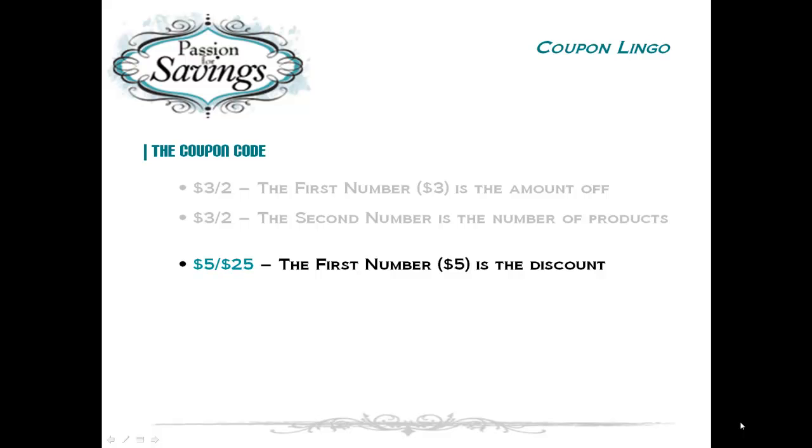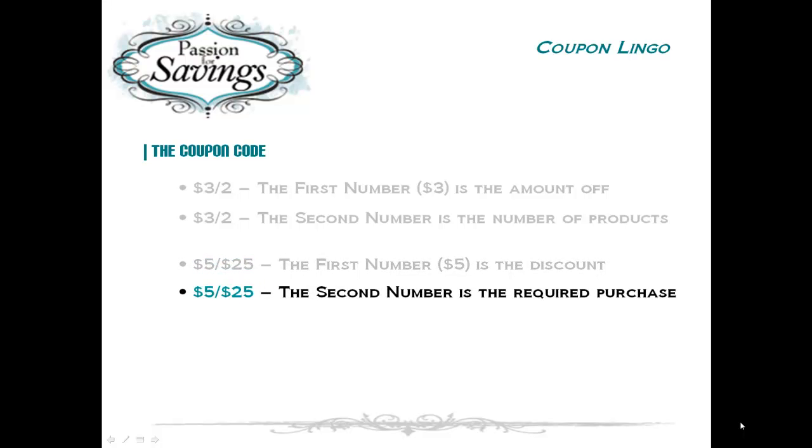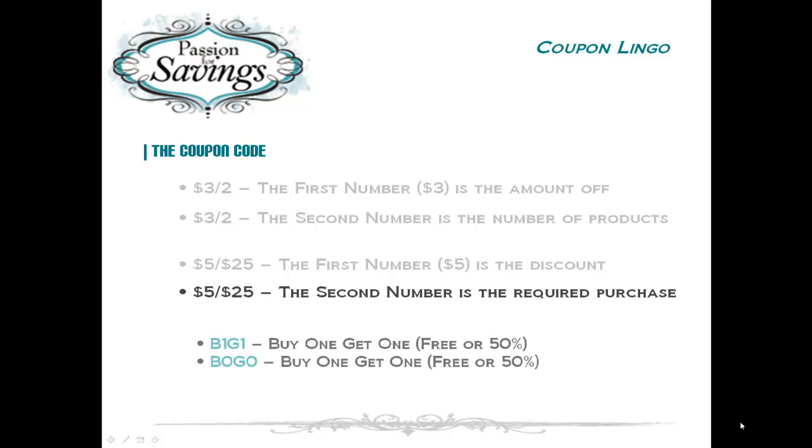Also, you will see a lot of dollar amounts off a total purchase. So the first number would be $5 is the discount amount. $25, the second number, is going to be the required purchase. So when you buy $25 worth of products of a select item, then you're going to save $5 when you use this coupon.